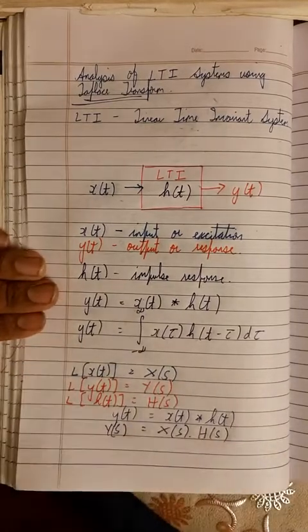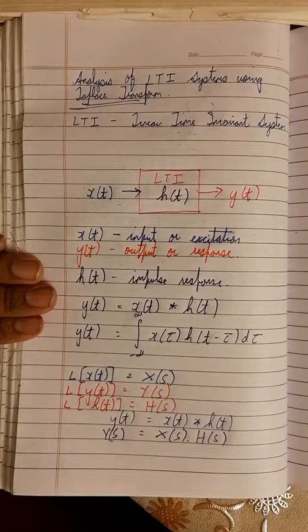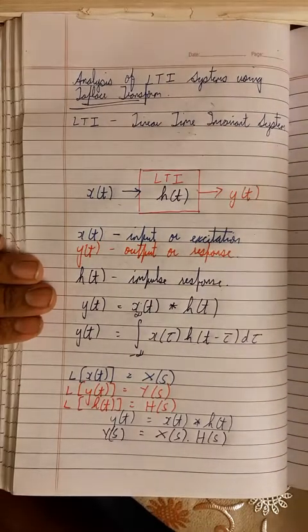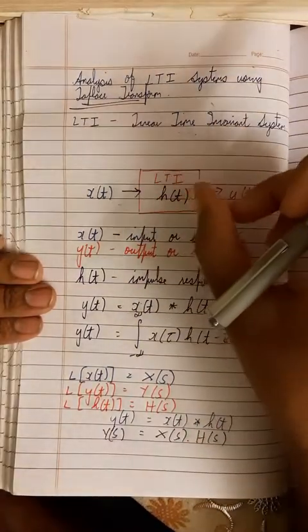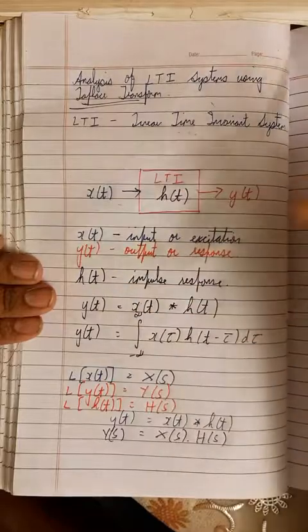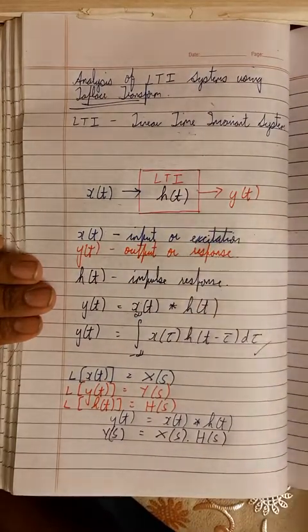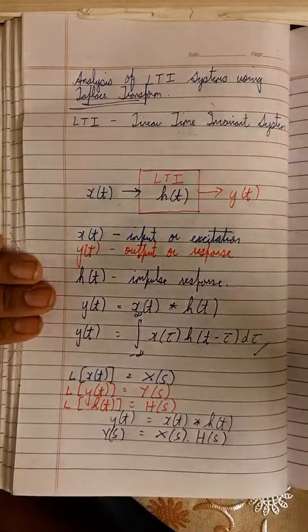In all the previous modules, using this convolution equation was very difficult. You have to write a lot of steps. You have to find the range of tau and the range of t in order to satisfy this equation, and then finally find the value of y of t. That's why the convolution problem is a very difficult problem.